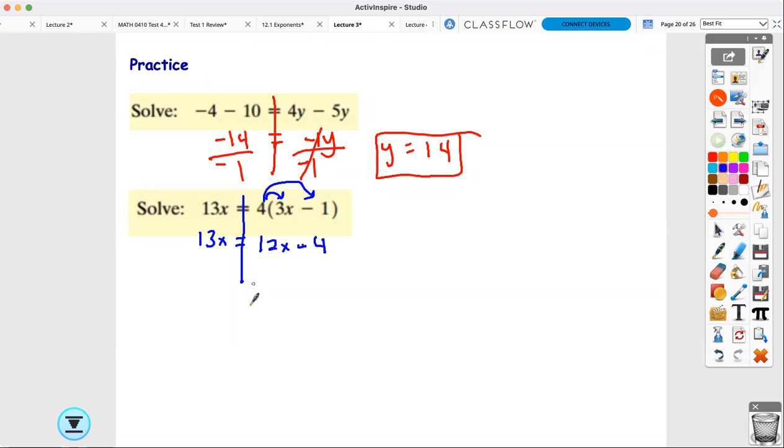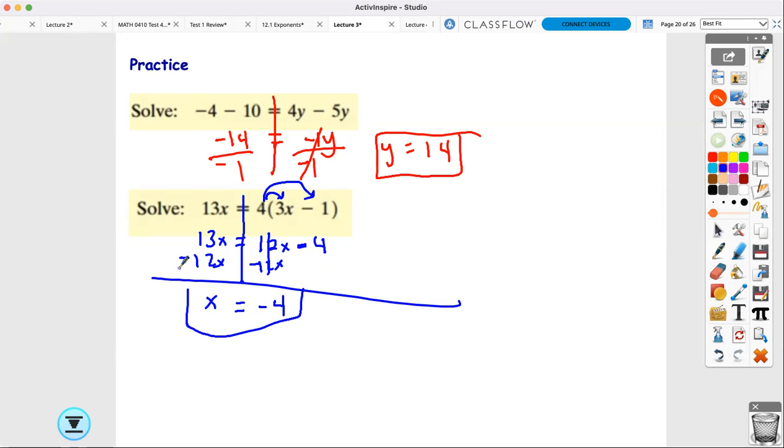Good. Now we want to move x's to one side. So how do I move a positive 12x to the other side? Subtract 12x. What we do to one side, we do to the other. 13x take away 12x is just 1x or x. What's left over? What do we bring down? The -4. And we're done.